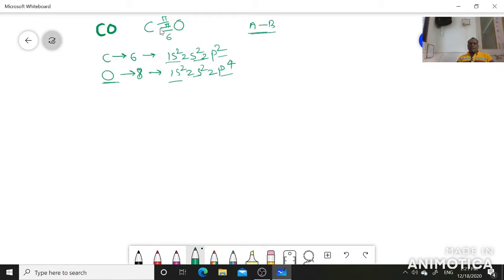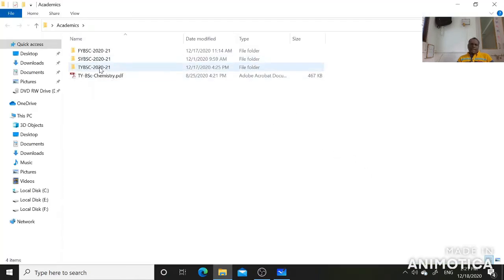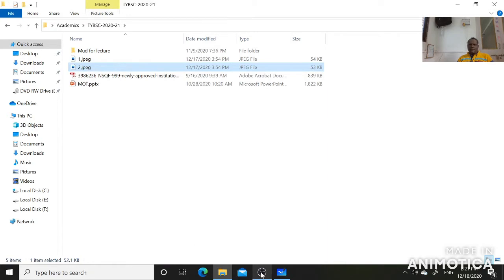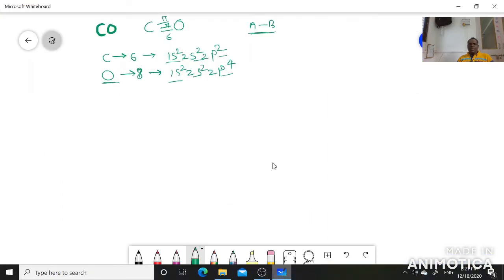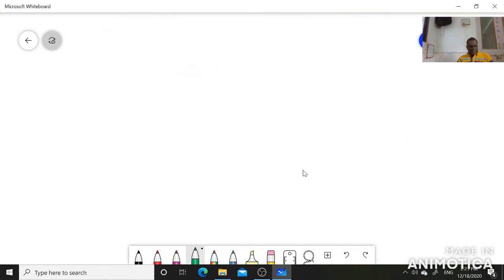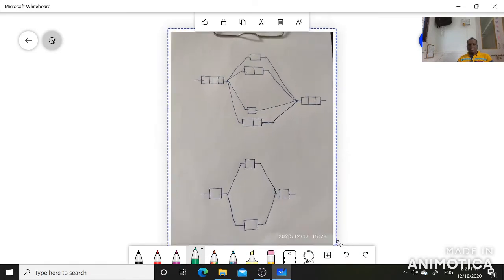Let's draw the energy level diagram for this carbon monoxide molecule. Just as yesterday we saw the energy level diagram for the nitric oxide molecule, today we will see it for carbon monoxide.